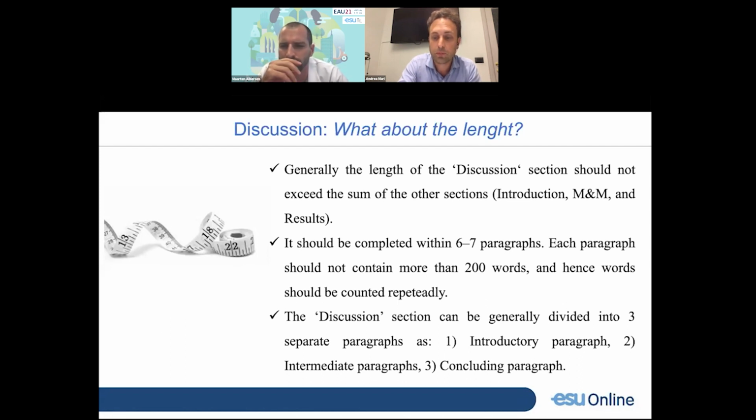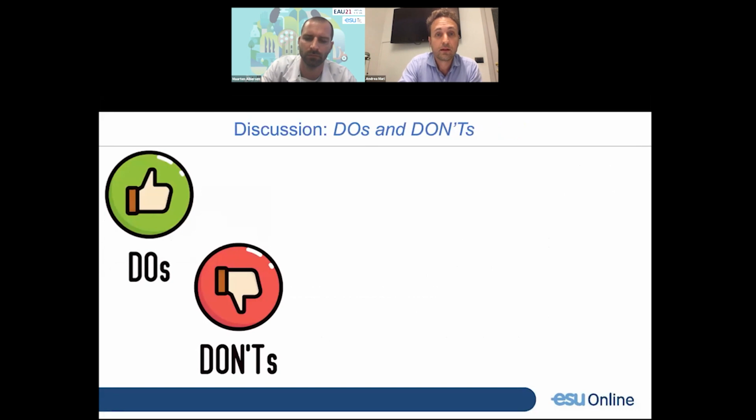Finally, a conclusion paragraph acknowledging the limitations of the study, its strengths, and then considering all the future studies that can be written after your study.